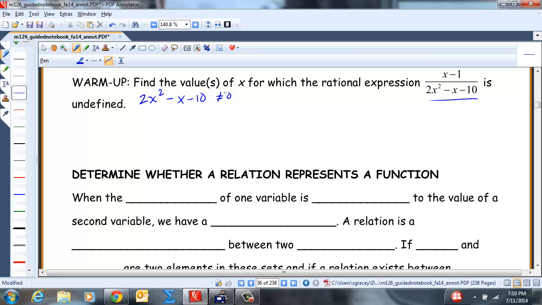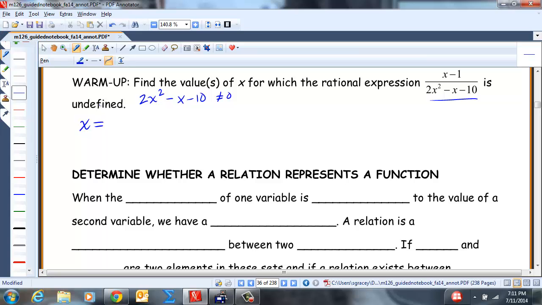So let's review the quadratic formula. We basically want to figure out when x is not equal to, well, we'll figure out what will zero out the denominator, and then we will exclude it.